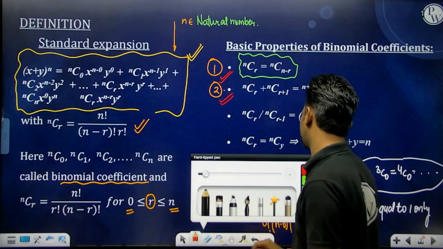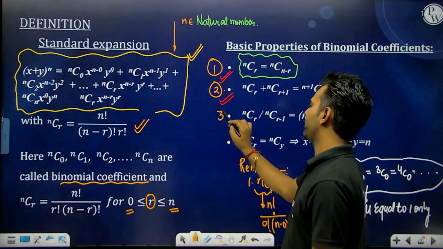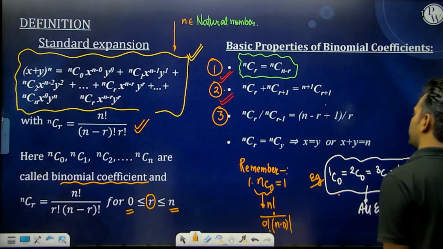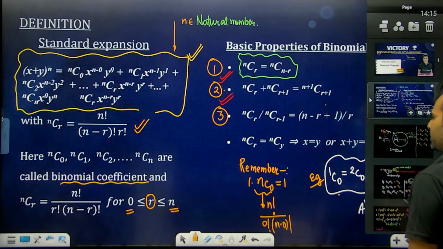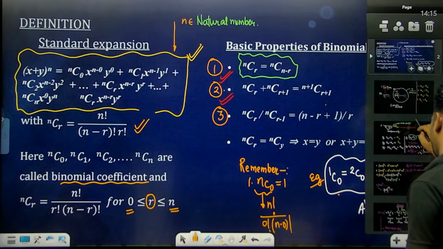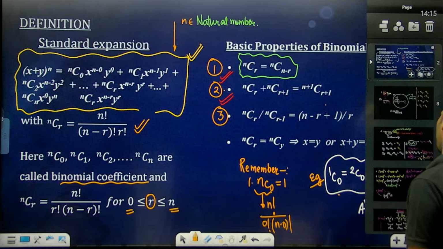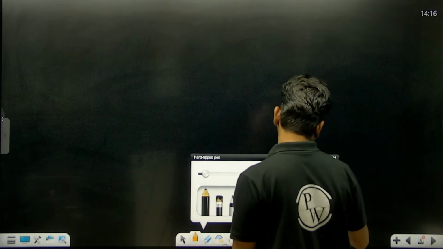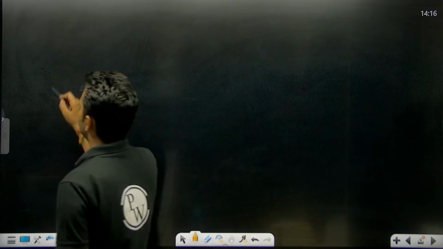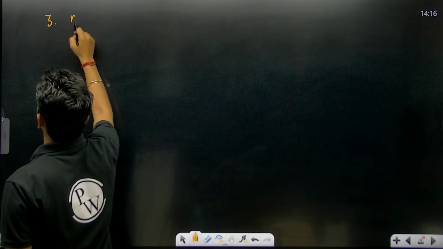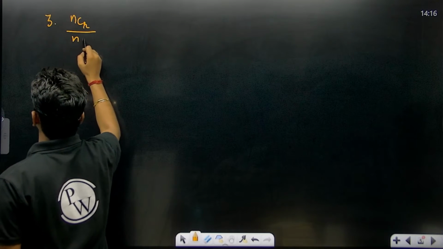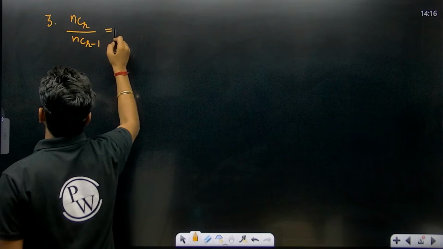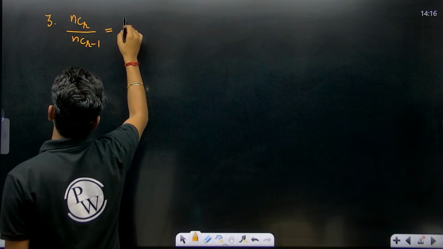Now talking about the third property, kids, here we go. The value of nCr upon nCr minus 1 is something like this. Let me give you an explanation of how to remember this particular property, because more than seeing the proof, it is more essential that we know how to apply this in the problem.